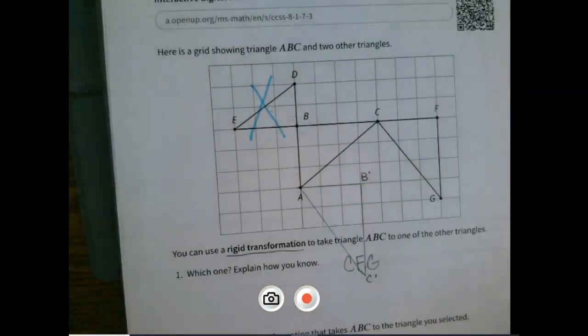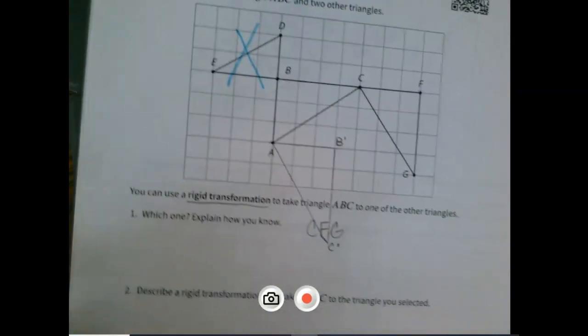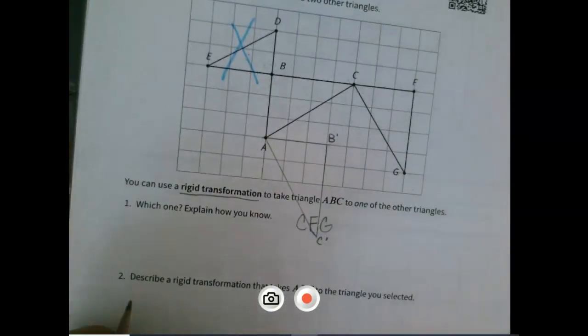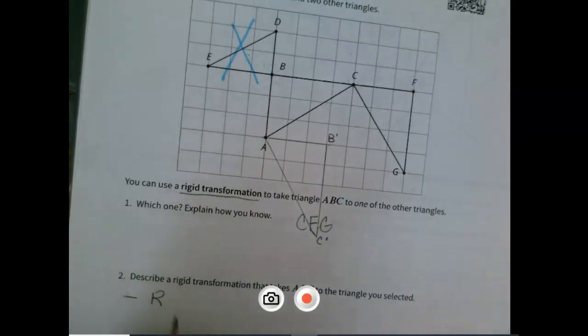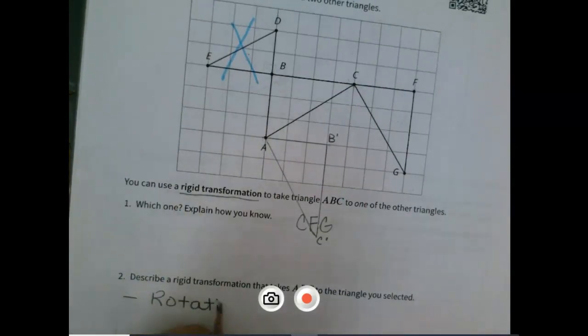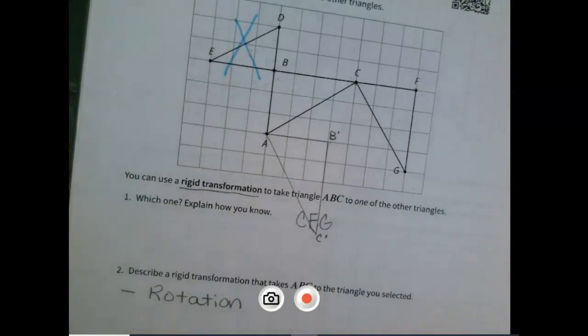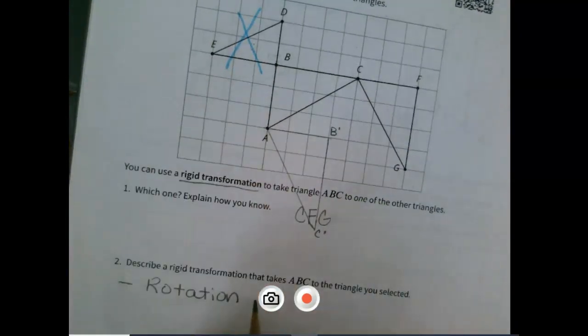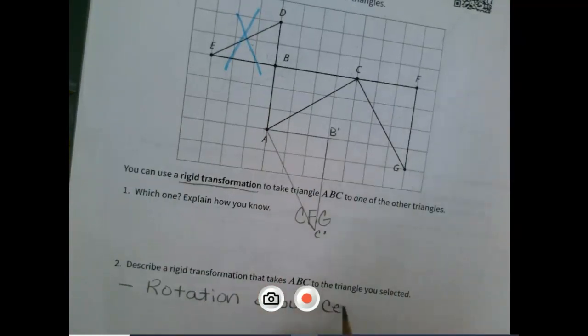So that means I described a rigid transformation that would take it. I would say I would do a rotation. And remember, we have to know the center, and we use center C, about center C. And what else do we have to know? Oh, we had to know the degree of the angle. That was a 90-degree angle, because we just moved it one time, and you can measure it too if you wanted to.